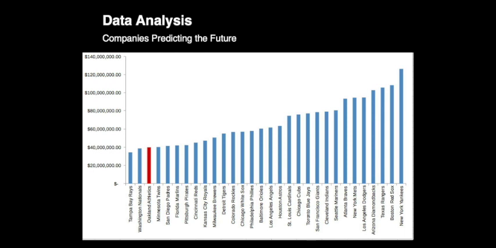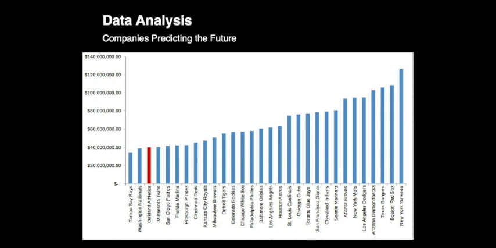So he took all this data and looked at it and determined what he needed to make a good baseball team with the least amount of money. So they, in 2002, were spending the third least amount of money on their players. And that season, they had a 20-game winning streak and were first in their division.